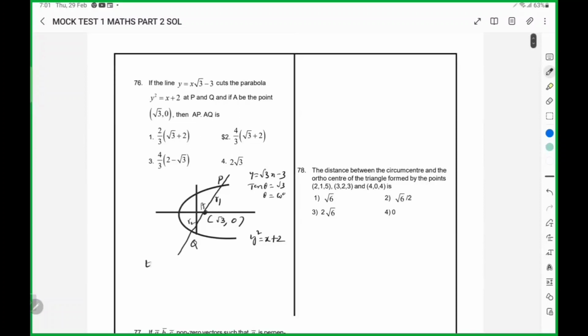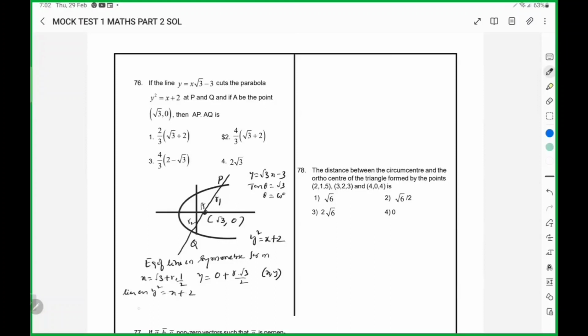Equation of a line in symmetric form: x is root 3 plus r cos theta, cos 60 is half. y is 0 plus r sin 60, root 3 by 2. This point x comma y lies on y square equals x plus 2.